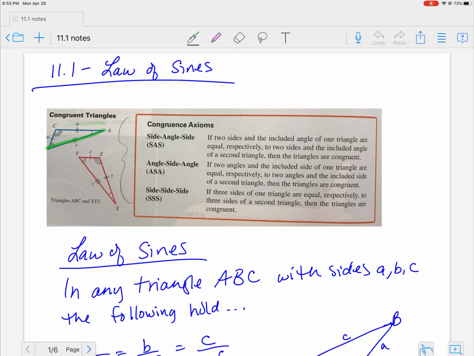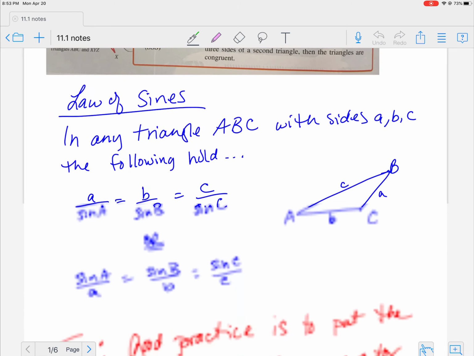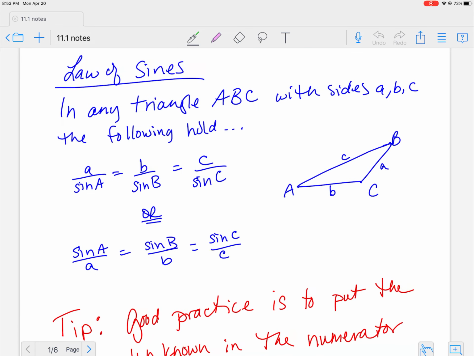If you have side, side, side congruent, then everything else is also, right? So here are those different axioms saying if this criteria is met between two triangles, then you know everything else is also automatically congruent. All right, so here is our law of sines.